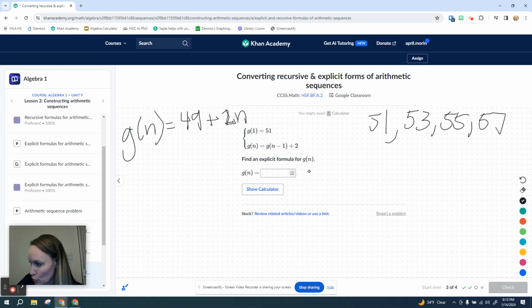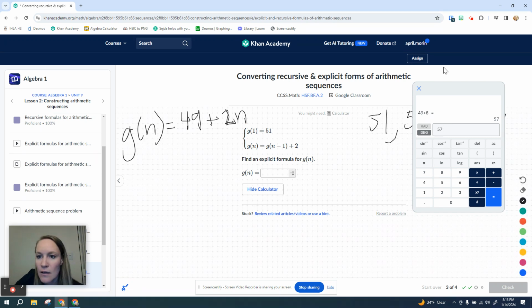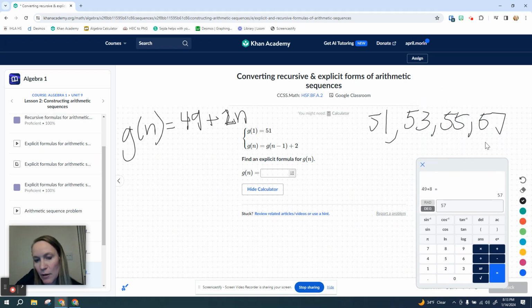If I plug in 2, that'd be 49 plus 4, which is 53. If I plug in 4, 49 plus 8, which is 57. And yes, that's my 4th term.